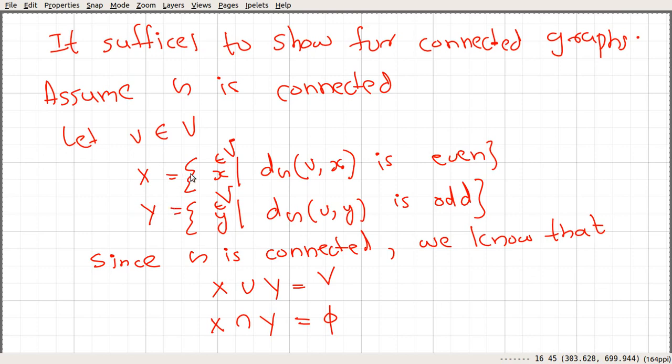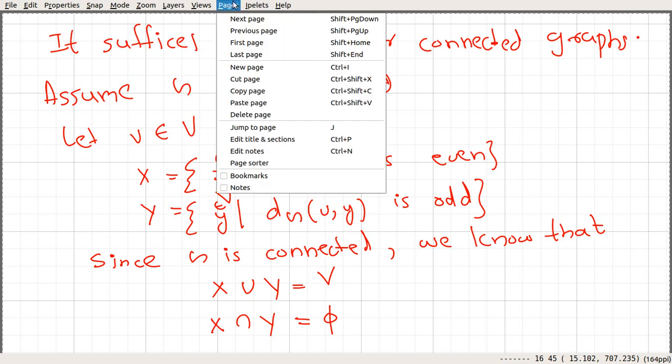So once we have this partition, we need to show one important thing, and if we are able to show that, then we are done.